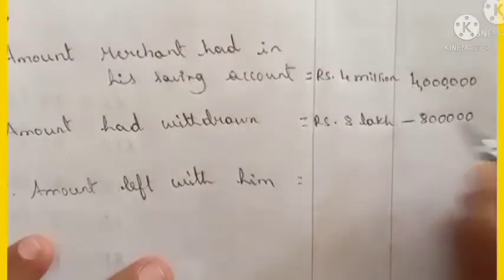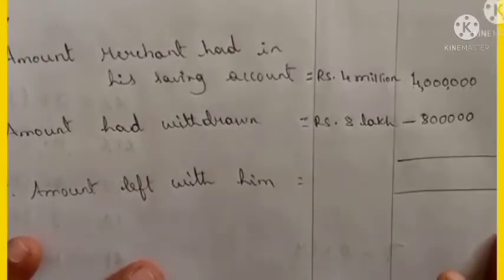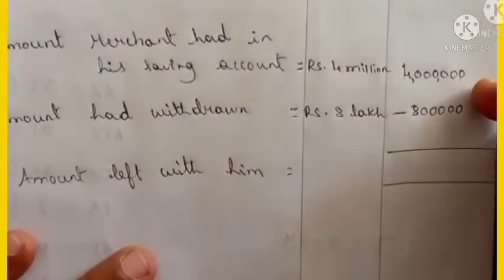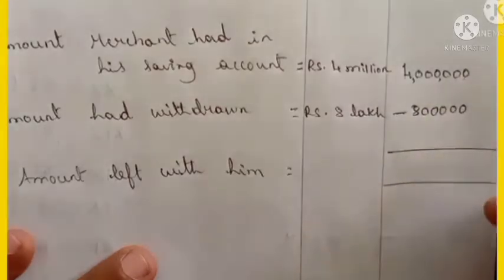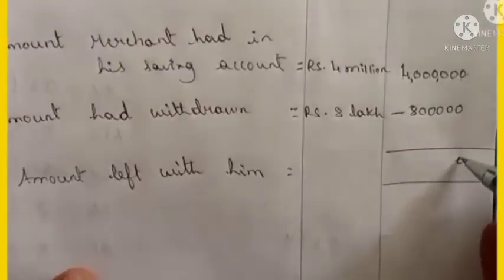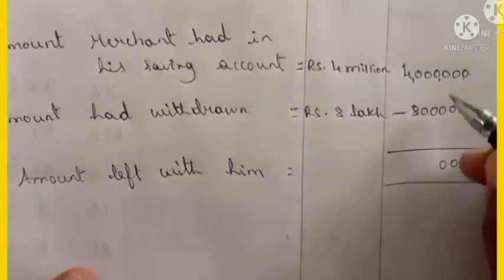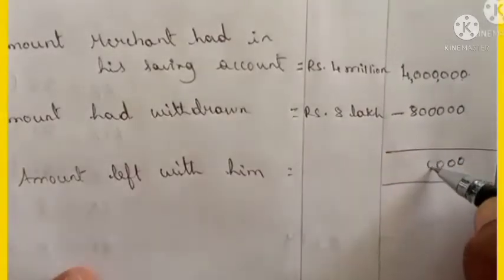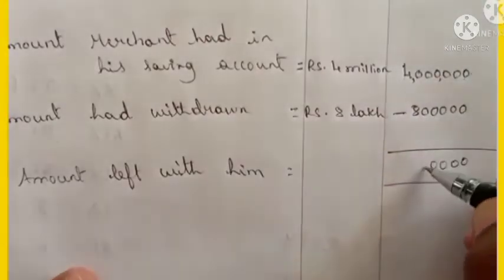Okay, so this you need to subtract it. See now, in 4 million you need to subtract 8 lakh. How much you will get the answer? That will be the solution for this. Okay, so 0 minus 0, 0, 0 minus 0, 0, then 0 minus 0, 0, next 0 minus 0, 0, okay, 0 minus 0, 0.